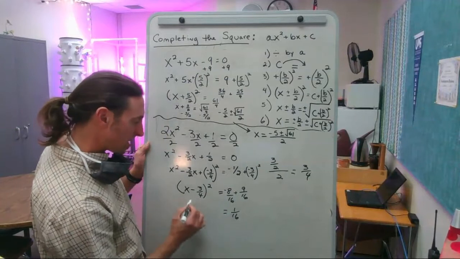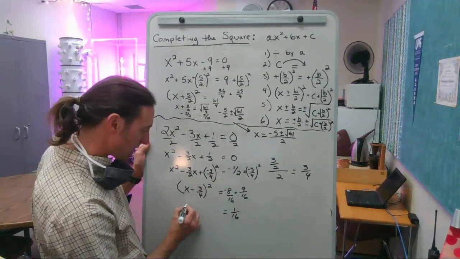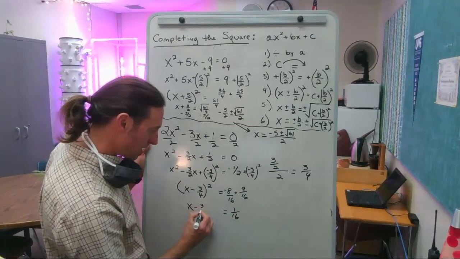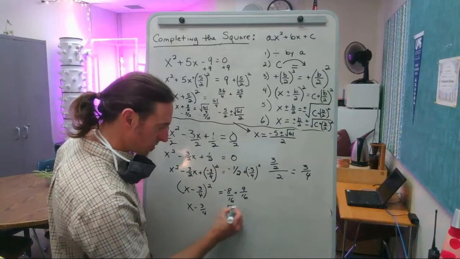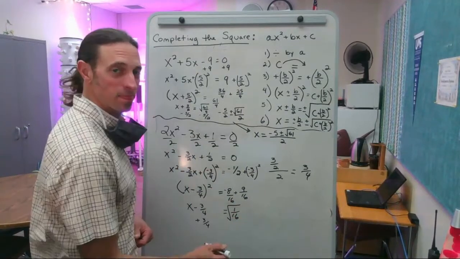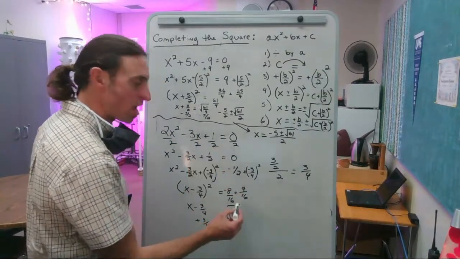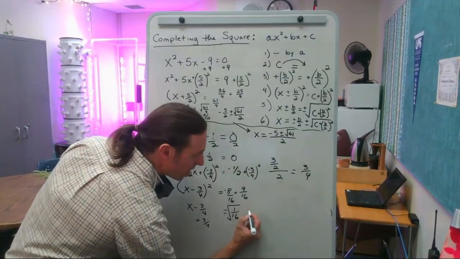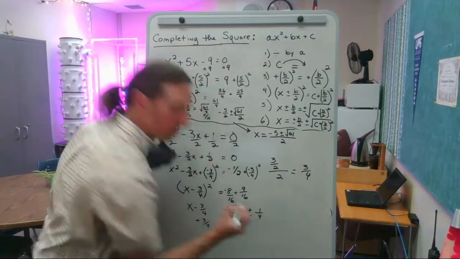Okay, now what I need to do is take the square root of both sides. So now I've got x minus 3 over 4, took the square root of that, and take the square root of this one. The square root of 1/16 is a positive or negative 1/4.